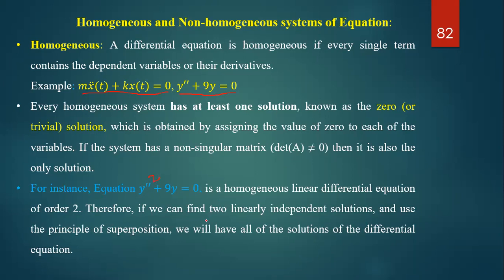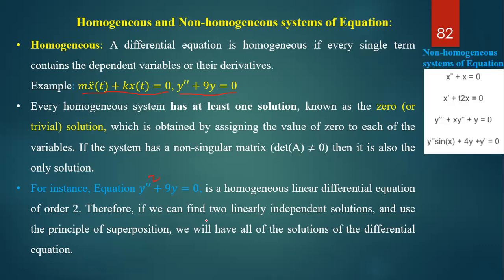Therefore, we need to find two linearly independent solutions and use the principle of superposition. This means the two linearly independent solutions are required, and those solutions are added up in order to get the final solution. That is superimposing the solutions, and we will have all the solutions of the differential equation.